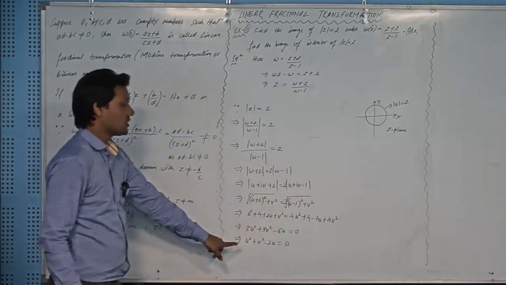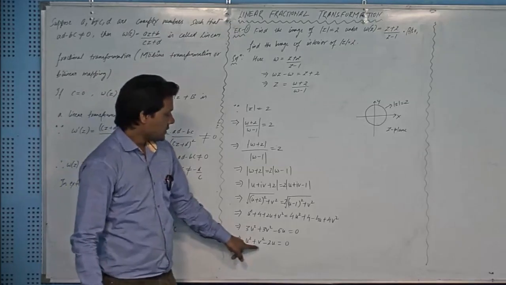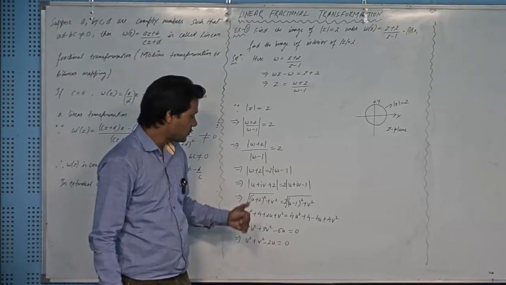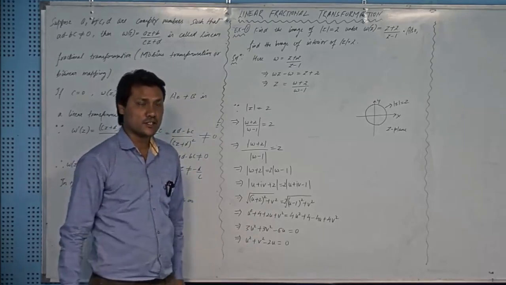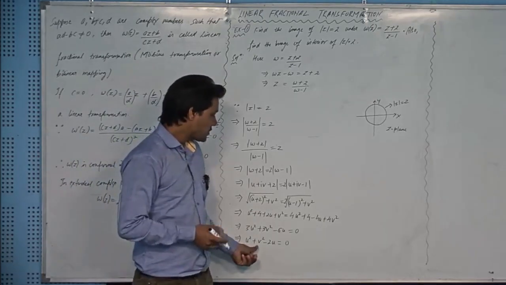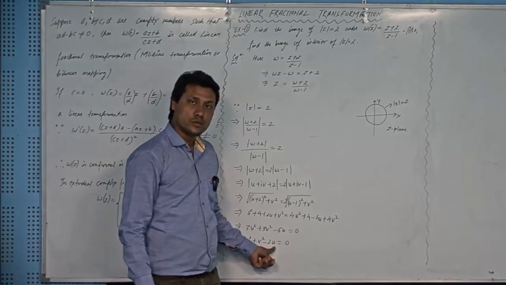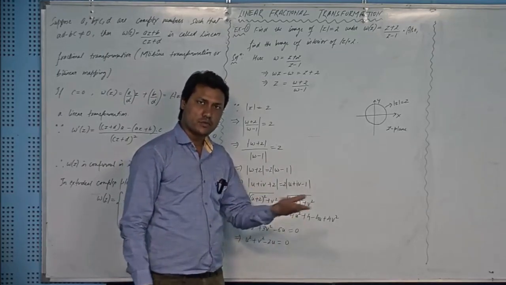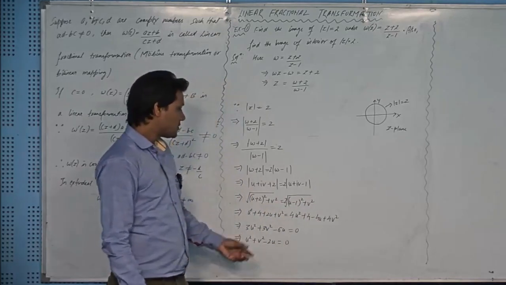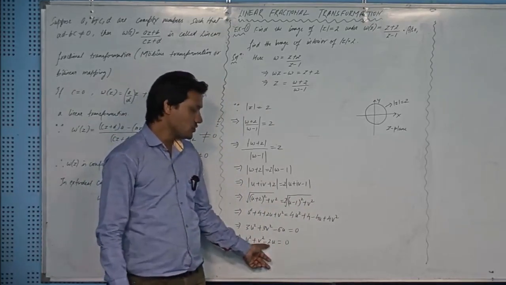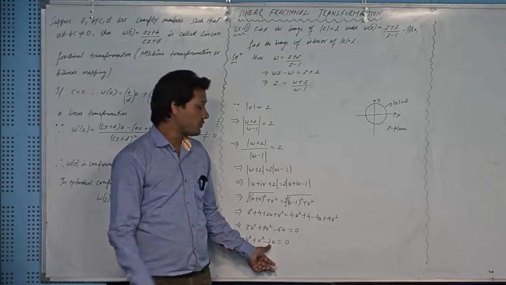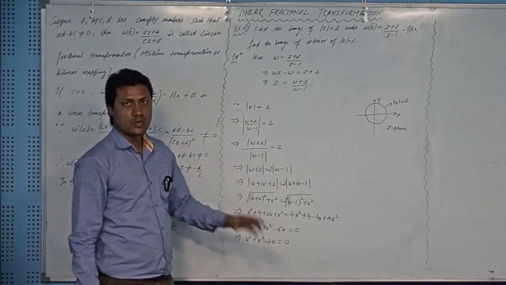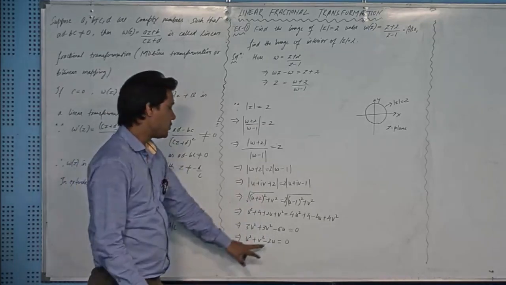And you can see that this is a circle, right? Circle centered at 1, 0, and radius is equal to 1. The circle has a standard equation, u square plus v square plus 2gu plus 2fv plus k equal to 0, right? So the center is given by minus half the coefficient of u, comma, minus half the coefficient of v, and since the coefficient of u is negative 2, minus half multiplied by minus 2 will be equal to 1, 0.